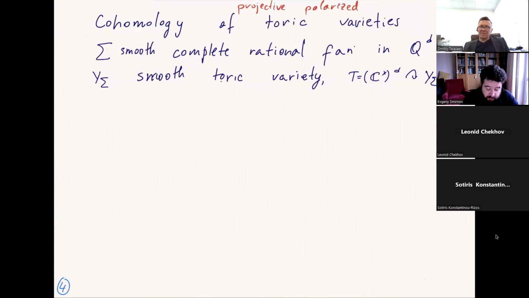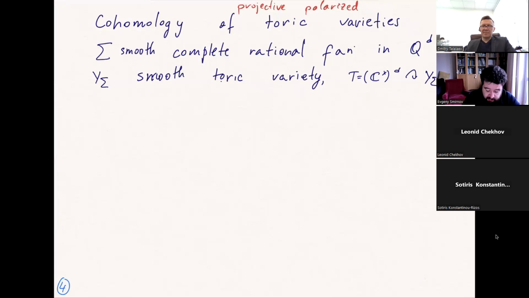The thing is that toric varieties are defined as normal varieties with an action of an algebraic torus. An algebraic torus is just the multiplicative group C* to the power d, and I'm considering varieties with an action of this torus such that T has an open dense orbit on Y sigma, whatever sigma is.